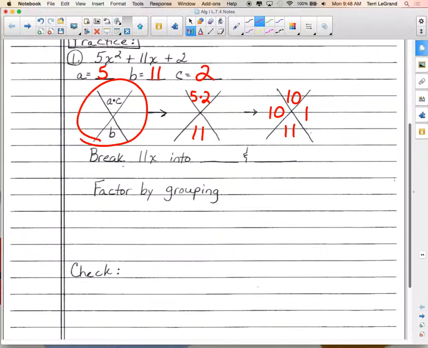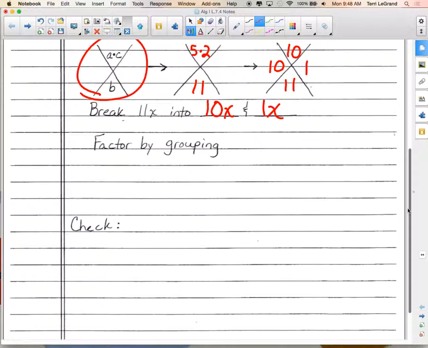Instead, what happens is we are really renaming the middle term, the x's. So these are going to become x's. So 10x and 1x. Because what is 10x plus 1x? 11x. So it's going to become the new name for the 11x.